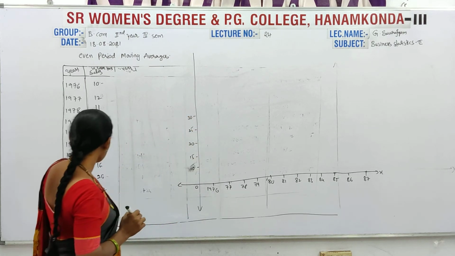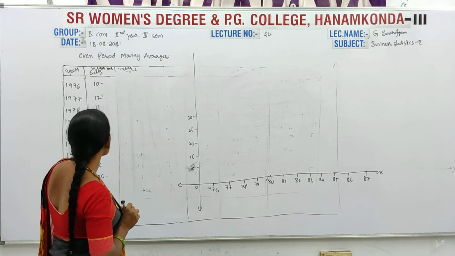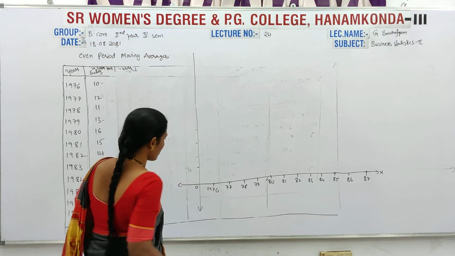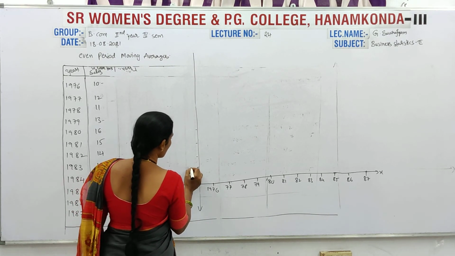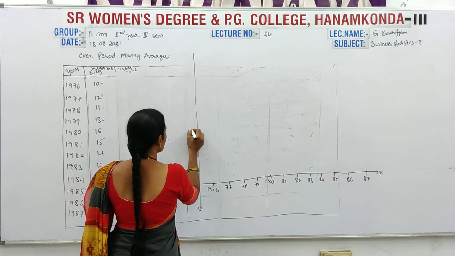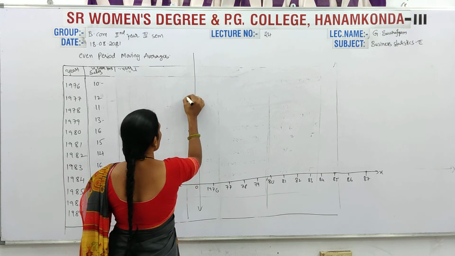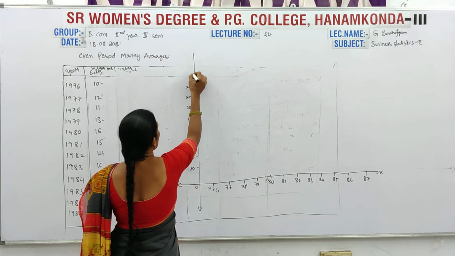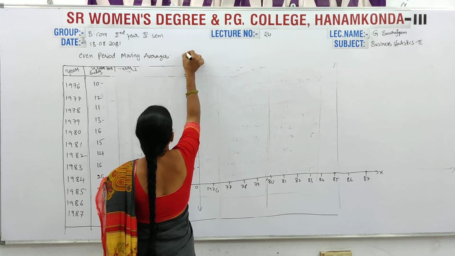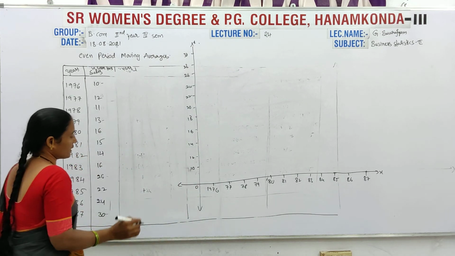Okay, is that all? Let's take 2 as the step, okay, taking 2 the graph will be smaller: 10, 12, 14, 16, 18, 20, 22, 24, 26, 28, 30. This is the y-axis. The original data, we have to draw the diagram.